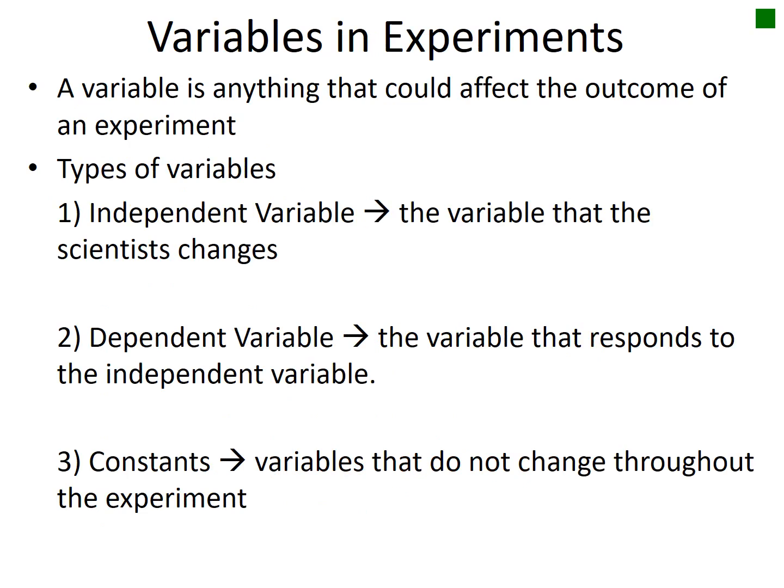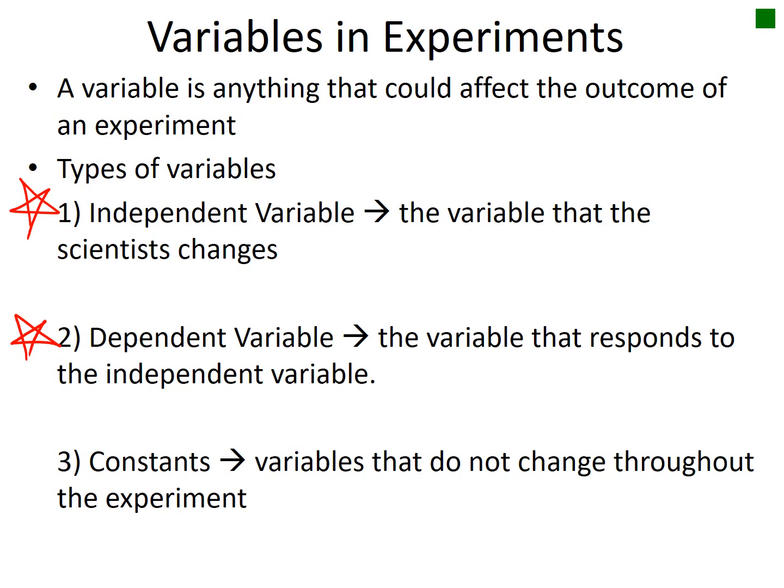All right, so let's move on to the variables in an experiment. A variable is anything that could affect the outcome of an experiment. The two types of variables that give kids the most trouble are independent and dependent variables. The independent variable is the variable that the scientist changes.